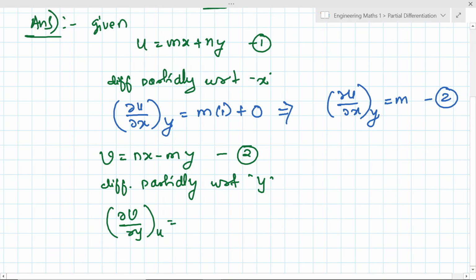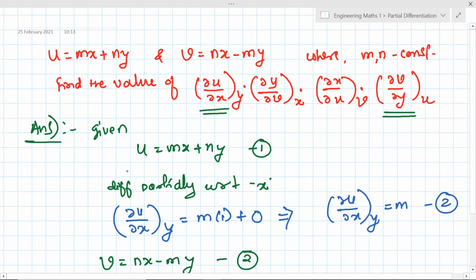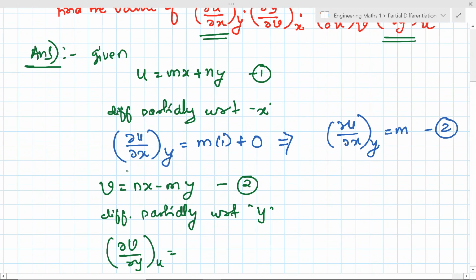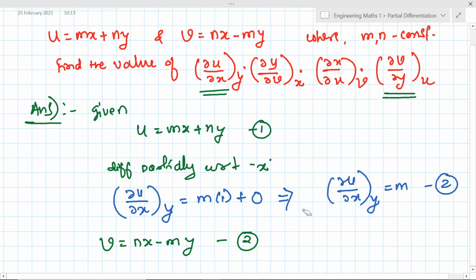Okay, not like that. There is no v. We don't want x in that, so we cannot do like that. See here, what we have to find is ∂y/∂v treating x as a constant.